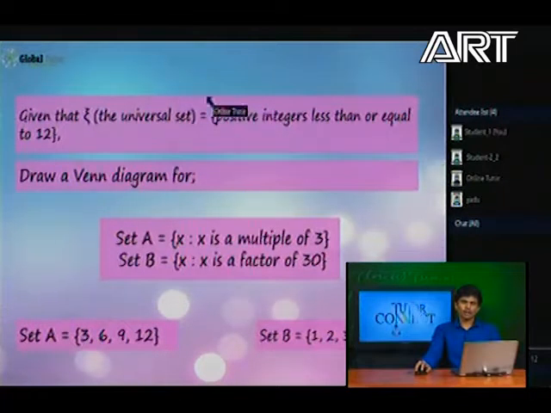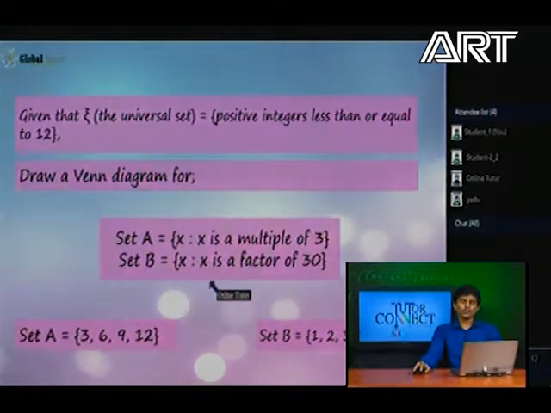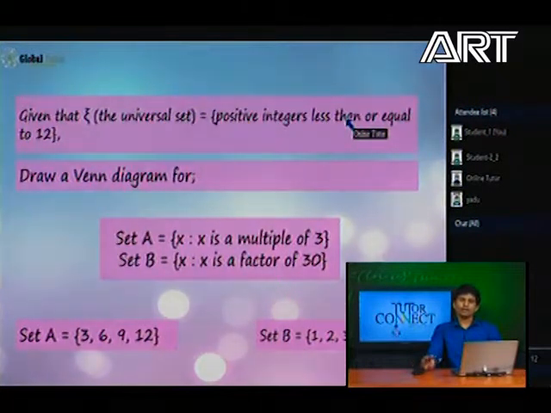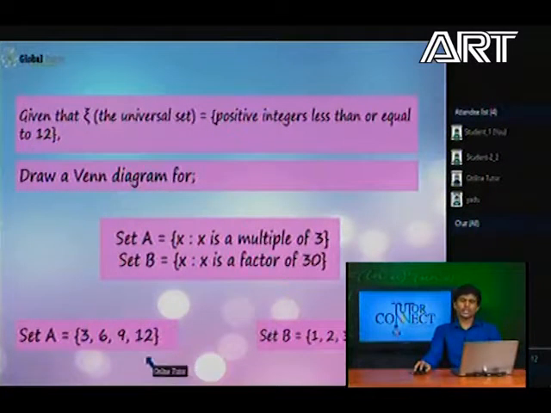The answers for set A are 3, 6, 9 and 12. It should be the multiples of 3, but the question says positive integers less than or equal to 12. So, if it says equal to 12, we should give 12 as well. So, set A equals 3, 6, 9 and 12.